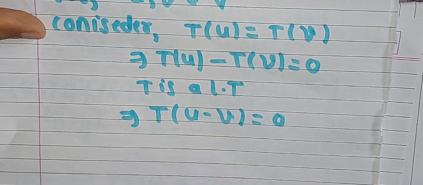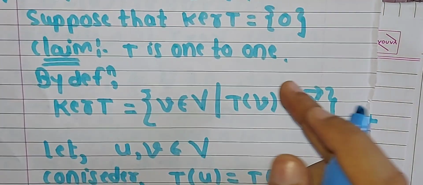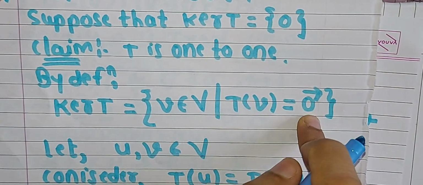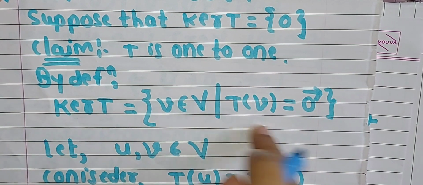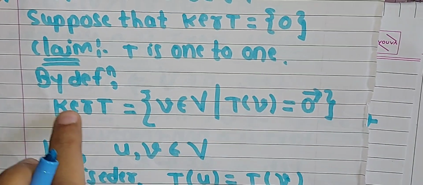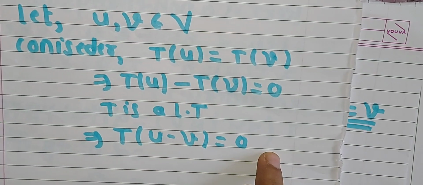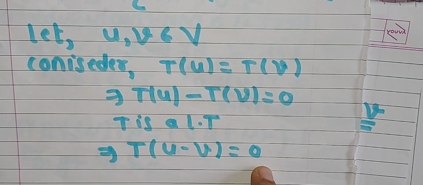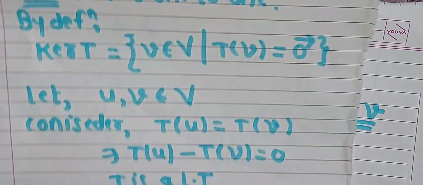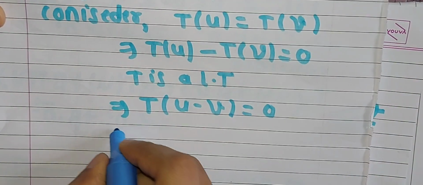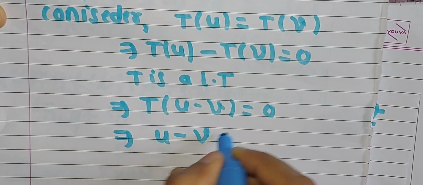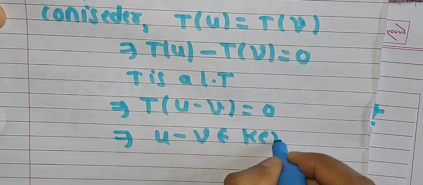So as you have observed, if T of v equals 0 bar, then v belongs to kernel of T. Similarly, T of u minus v is equal to 0, which means u minus v also belongs to our given set, that is kernel of T.